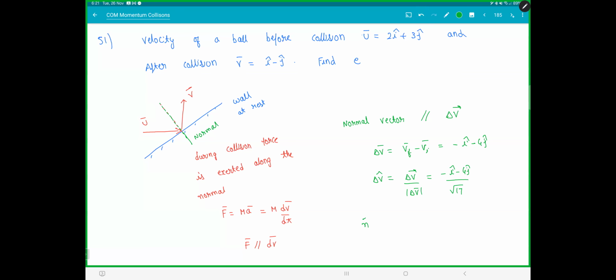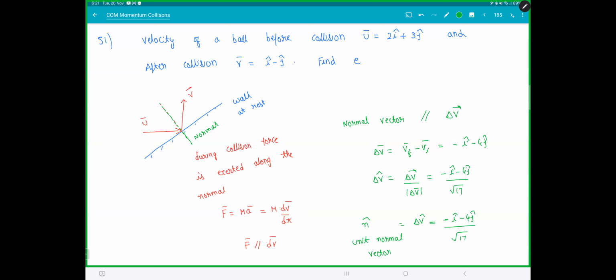That means n cap, the unit normal vector, because they're parallel, so the unit vectors must be the same. The unit normal vector is delta v cap, minus i minus 4j by root 17. There, I found the normal.